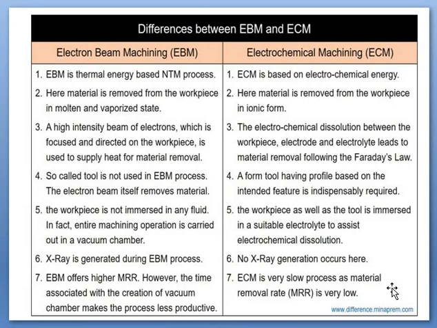In the third lecture, we focused on non-conventional machining processes based on electric energy, and in the fourth lecture we focused on non-conventional machining processes based on chemical energy as well as thermal energy, and at last we compared certain non-conventional machining processes we have studied in this chapter, that is the overview of non-conventional machining.